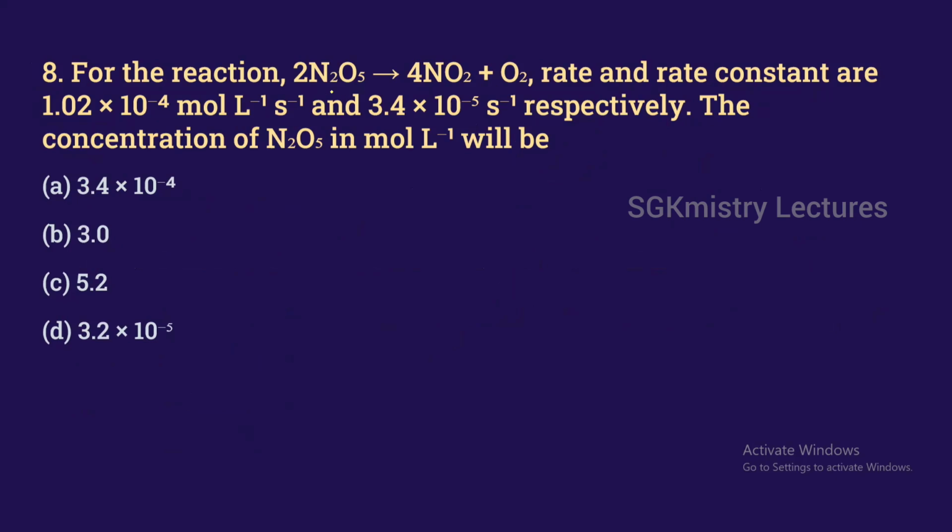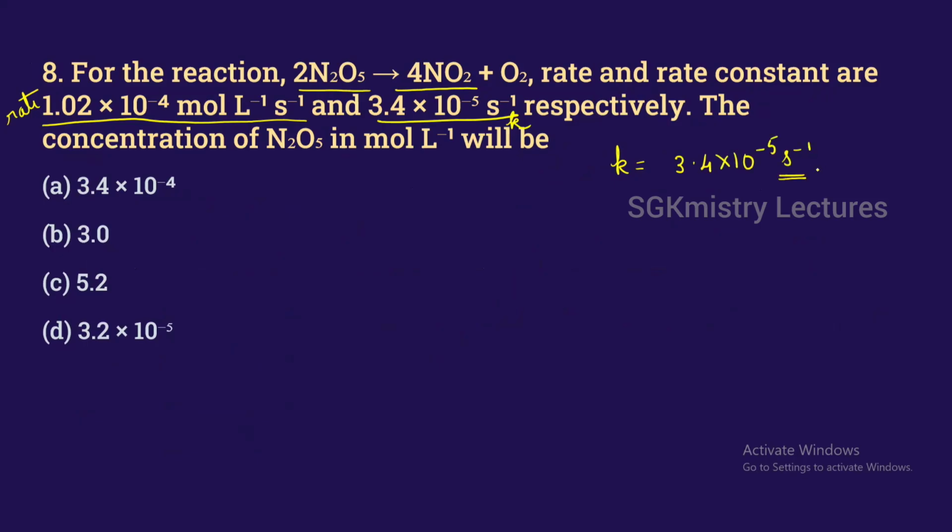Next, for the reaction 2N2O5 gives 4NO2 plus O2, rate and rate constant are given, respectively. The concentration of N2O5 in mole per liter will be? So now you can see here the K value is 3.4 into 10 to the power of minus 5 per second.